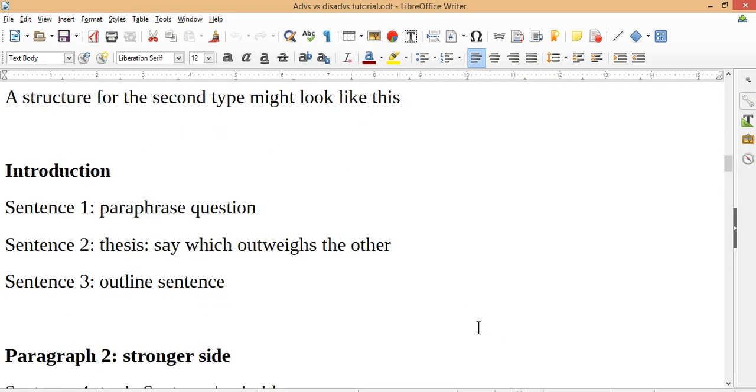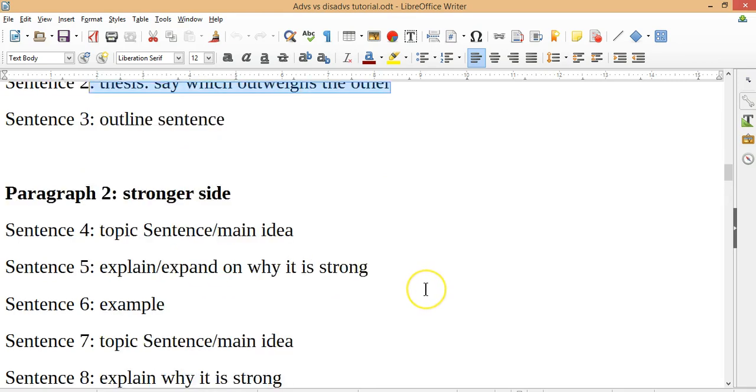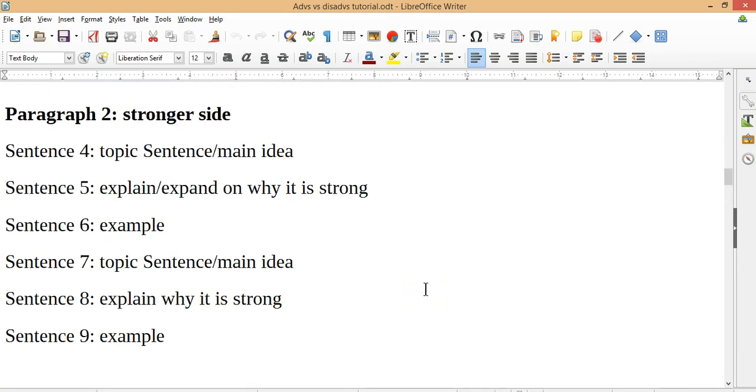So a structure for this might look something such as this. You'll notice the difference immediately. In the introduction, we've got an extra sentence. So sentence 1, paraphrase the question, then the outline sentence, but we've got this extra sentence now, which basically says, I believe that this outweighs this, or the obvious advantage is this because it outweighs this, etc. And if you look at paragraph 2, we've got a lot more here.